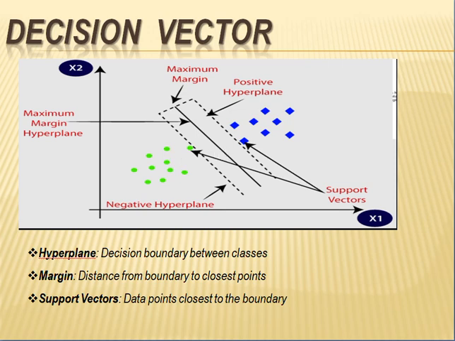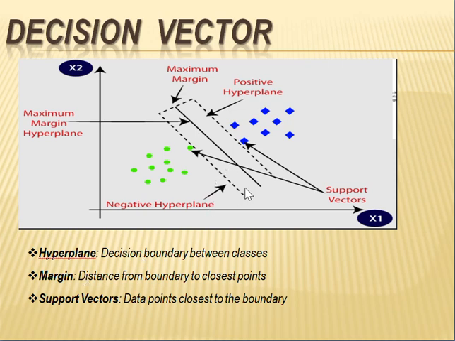Then identify the data points that lie on the margin lines. These are the support vectors. The upper line is called the positive hyperplane, and the lower line is called the negative hyperplane. The hyperplane is the decision boundary between two classes.